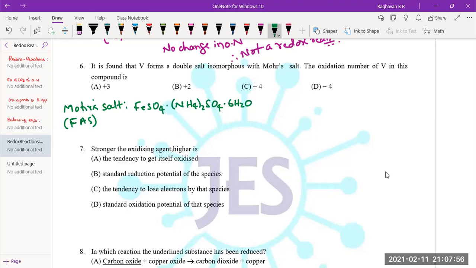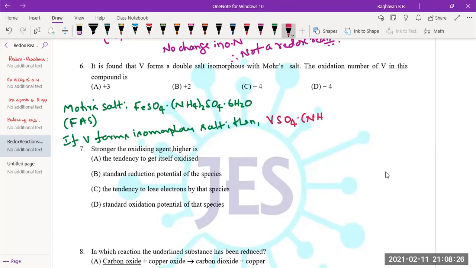If vanadium forms isomorphous salt like this, then how should it be? Which would be replaced by vanadium? It's a D block, right? VSO4.